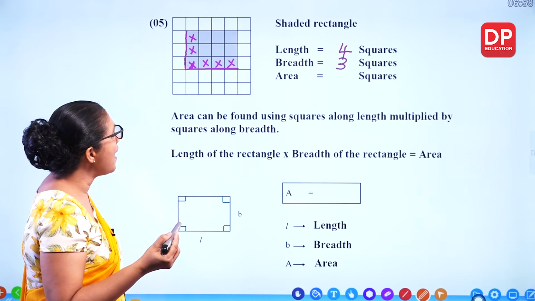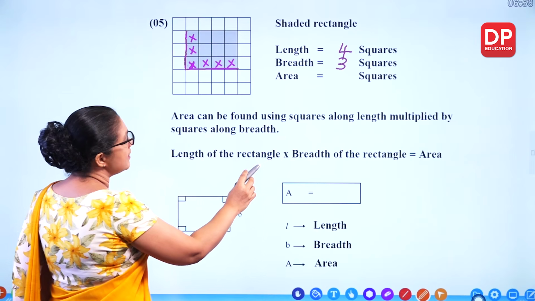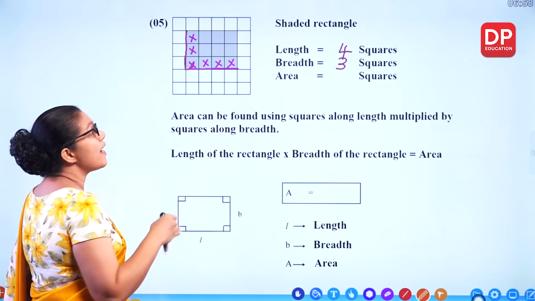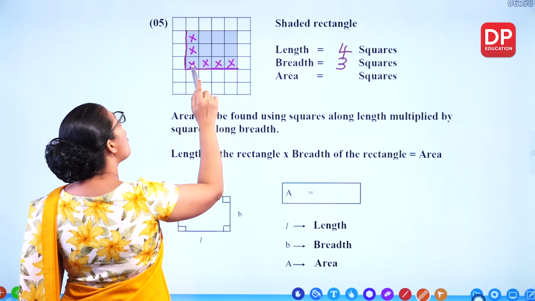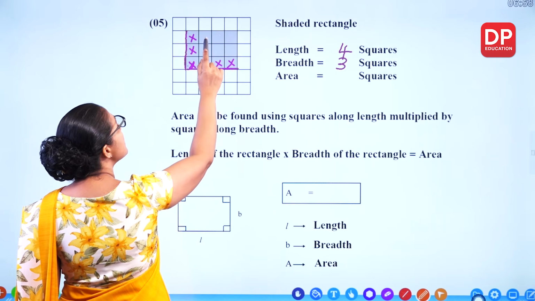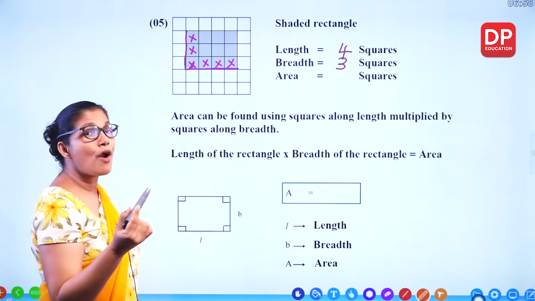If you want to find out the area of this rectangle, you can count how many squares there are. When you multiply the length of the rectangle and the breadth of the rectangle, you get the total number of squares. Altogether we count 1, 2, 3, 4, 5, 6, 7, 8, 9, 10, 11, 12. So 12 is the total number of squares.